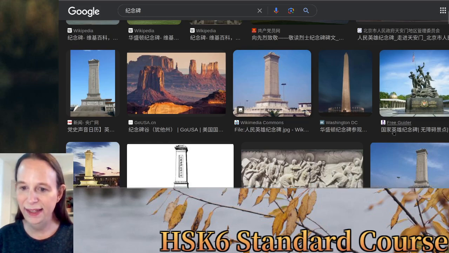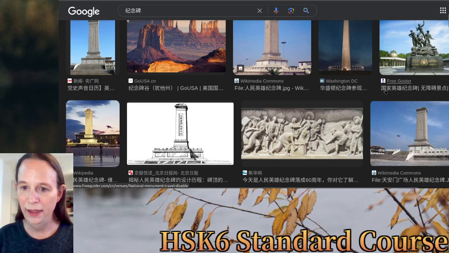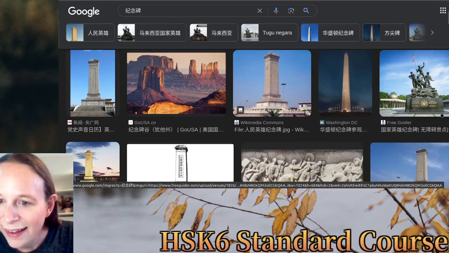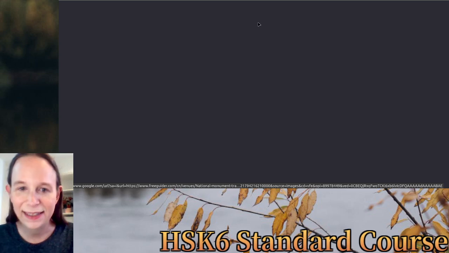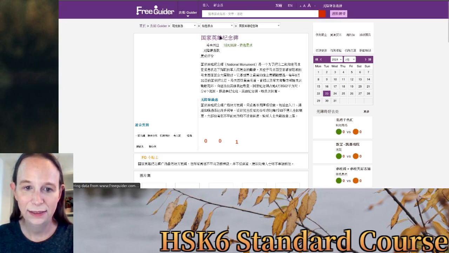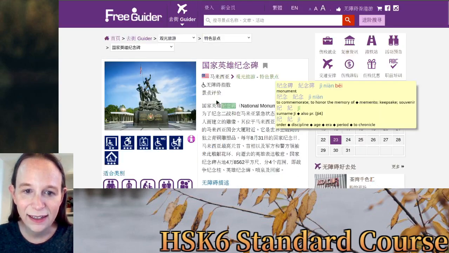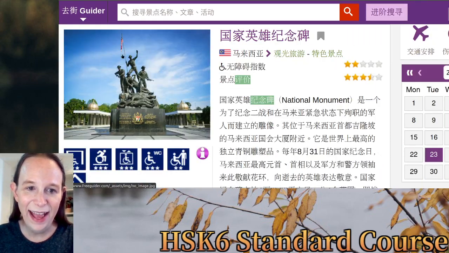I don't know if I've been there. 英雄纪念碑 National Hero Monument. Is that one in Shanghai? I don't know. Wait, that's not. That's an American one, is it? All right. Oh, yeah, this is an American. No, that's Malaysian. So it's kind of hard to get the flag there. Yeah, so this is a Malaysian one.